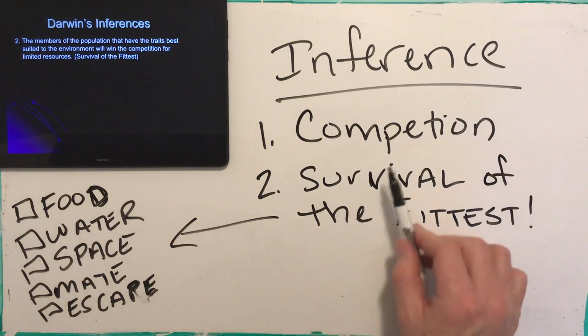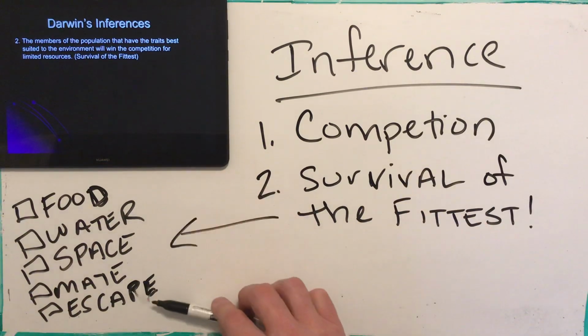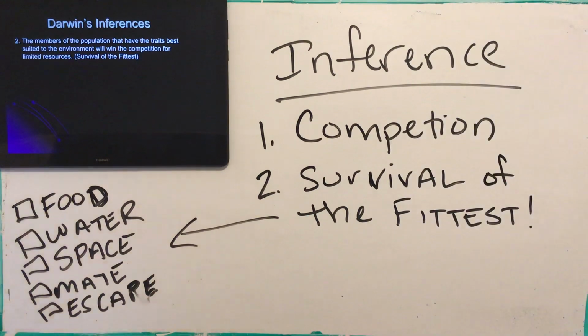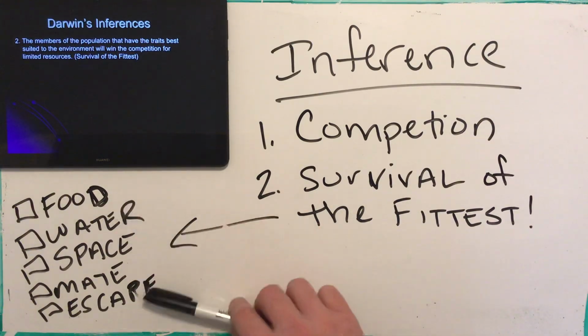Because there's a competition, because some of these are limited, my traits are what I'm going to use. Am I fast? Can I hide well? Am I able to escape this predator? Can I catch food? Right? So these various things. Can I tolerate the plants that are here? Are they poisonous to me? For some species, a plant is totally fine. For others, it's poison. So all of these things, my traits are going to allow me to access these.